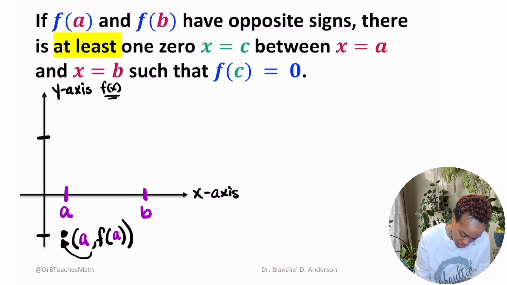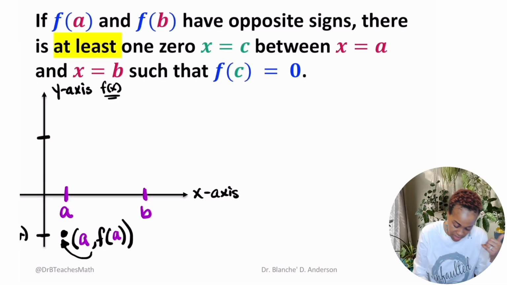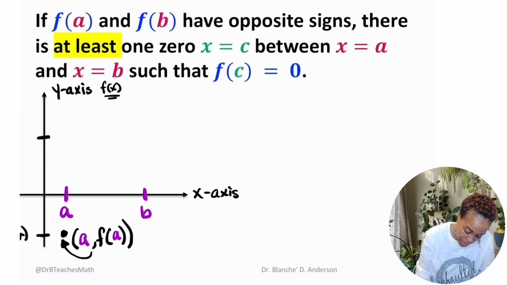Okay, so this is your f of x, your y-axis, right? And the point here is a, f of a. And then this point here is the point on the y-axis too.